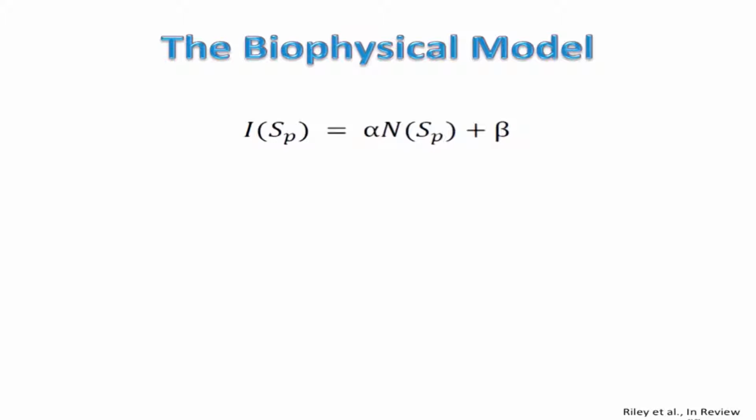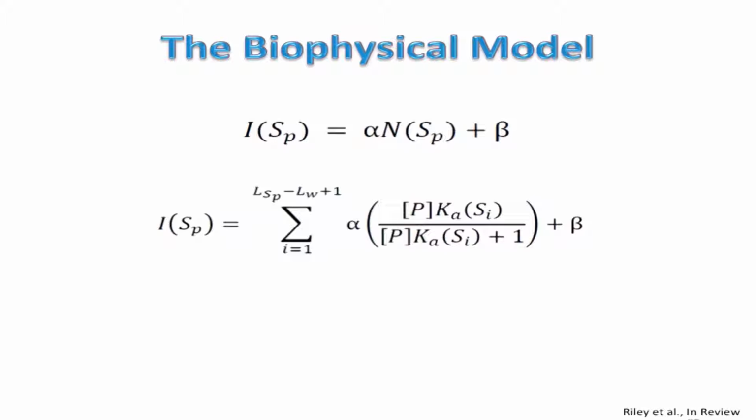And now what we do is two things. First is that we do this sliding window technique that people have talked about in the past, where the DNA probes are much longer than the binding sites. So what we assume is that the overall occupancy for a probe is equal to the sum over every binding site on that probe.